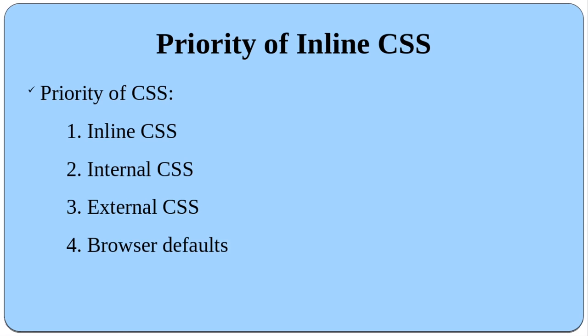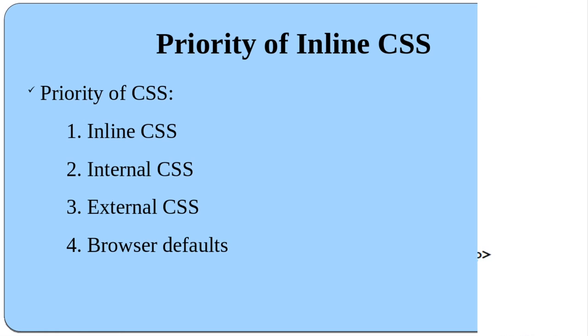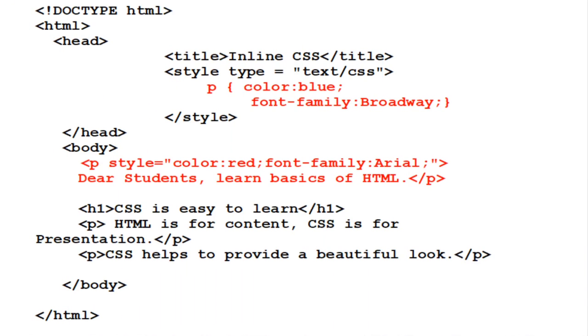Inline CSS has the highest priority over all other types of CSS. If there are styles applied to a particular element using inline CSS and another type of CSS like internal CSS, then inline CSS styles have more priority, and those properties will be applied as given in this example.